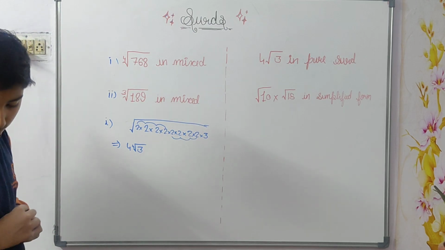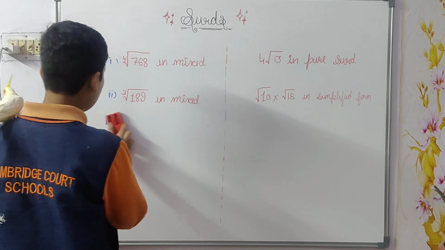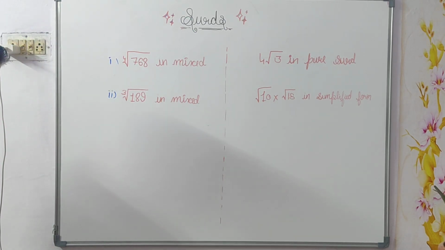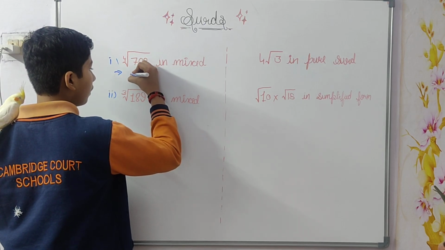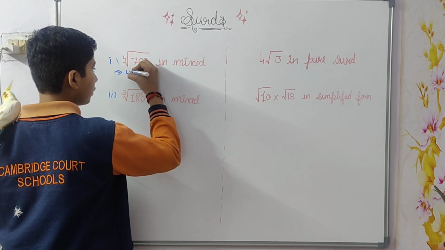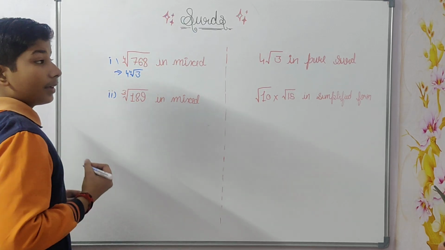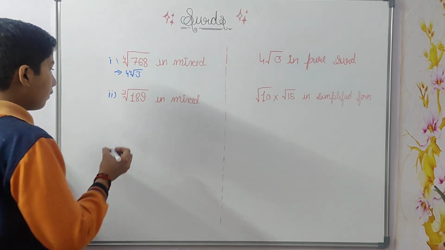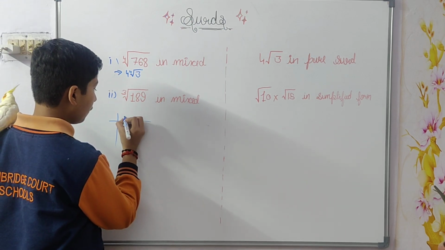Now in the second one, I'll just erase this and write the answer so that we have more space. 4 into 4th root of 3. Now in this question we have to prime factorize again. 189.